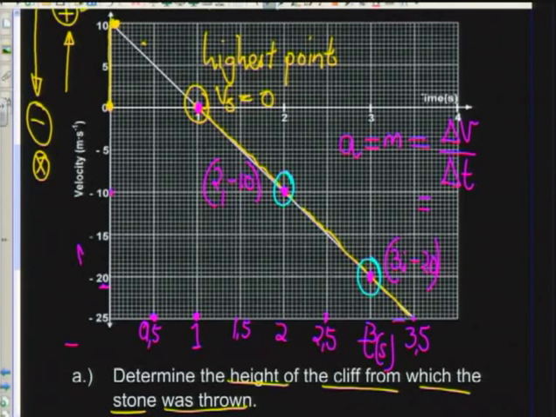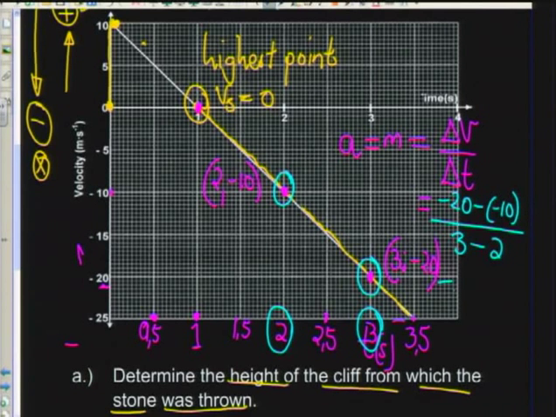It was minus 10 here to minus 20, so it will be minus 20 minus minus 10. That is the change in velocity divided by the change in time. It changed from t 2 seconds to t 3 seconds. So it will be 3 minus 2.